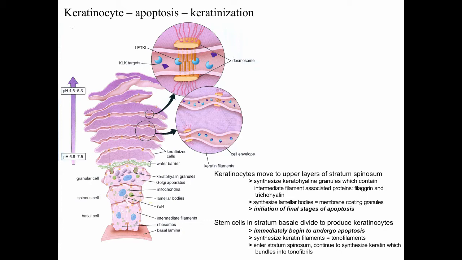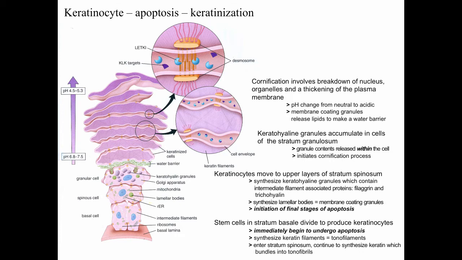And when the keratinocytes get to the upper layers of the stratum spinosum, they begin to initiate the final stages of apoptosis. Keratohyalin granules accumulate in cells of the stratum granulosum. The granule contents are going to be released within the cell, and that release is going to initiate the cornification process.